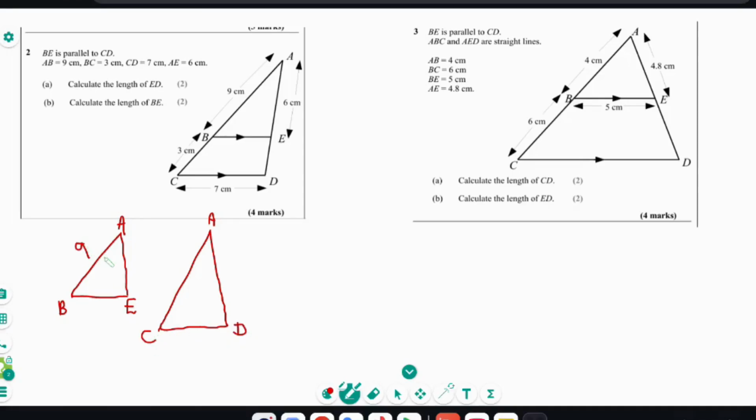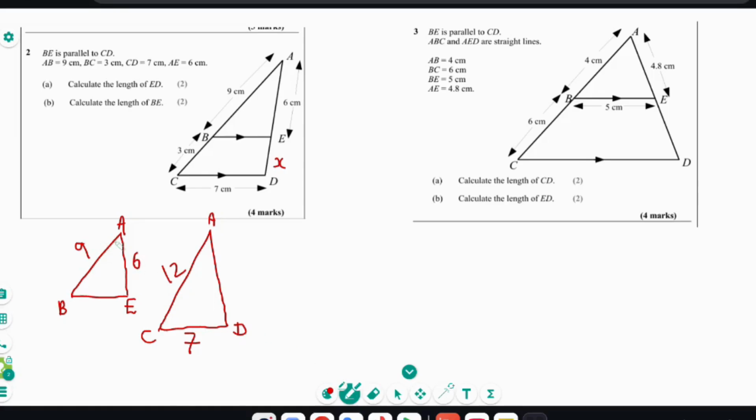AB is 9. AC is 9 plus 3, which is 12. AD, we don't know. CD is 7. We want to calculate the length ED. So I'm going to put a X here. And I forgot to put AE on, it is 6.